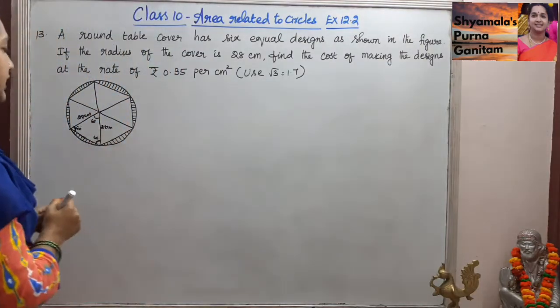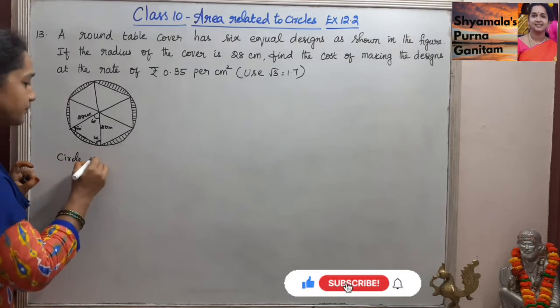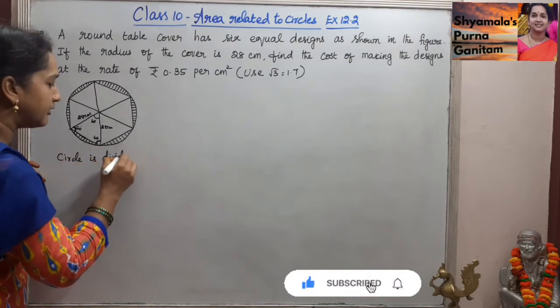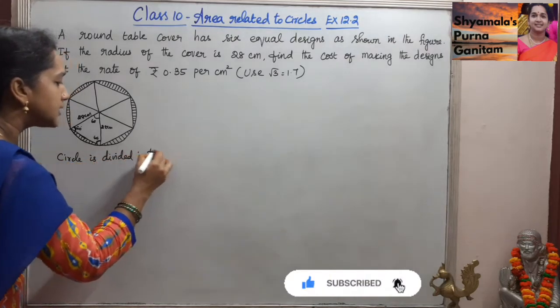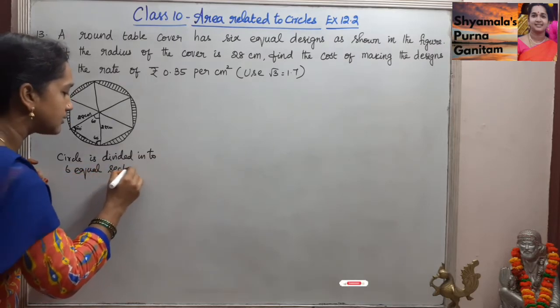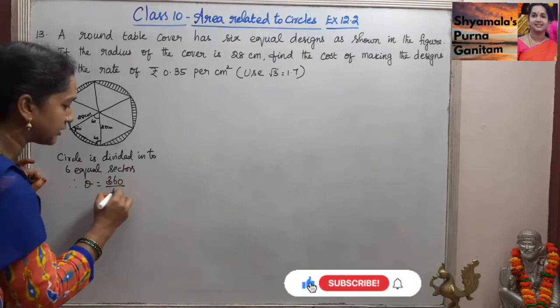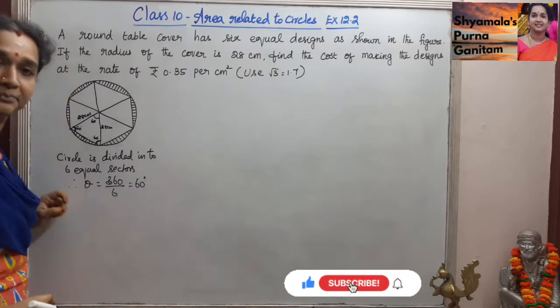Now we'll write it with the proper steps. Circle is divided into 6 equal sectors. Therefore, theta is equal to 360 divided by 6, that is equal to 60 degree.